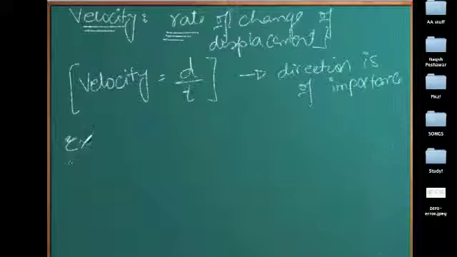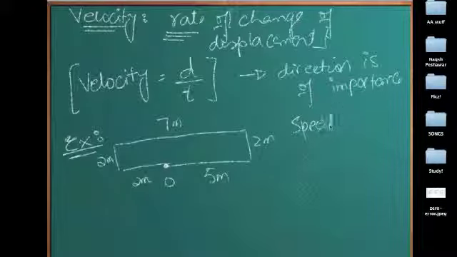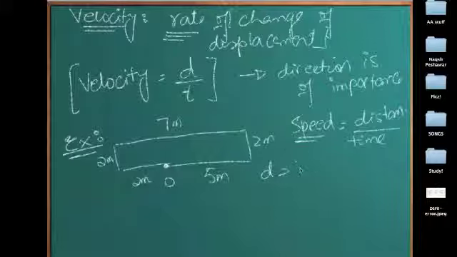Let me give you one very brief example for the same thing. For example, this is my original position, and I move a distance here, here, here, and I come back here. This is 5 meters, this is 2 meters, this again is 7 meters, this is 2 meters, and this makes it 2 meters. Now I ask you to find me the speed. We know speed is distance over time, so you calculate the distance first. The distance is, as we have calculated, 18 meters for the same situation earlier.